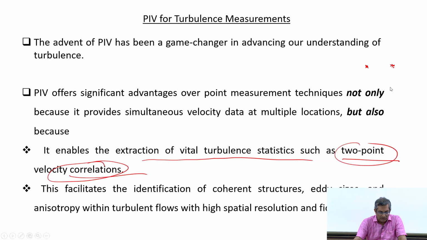So this facilitates identification of coherent structures in turbulence. You can imagine coherent structures as corresponding to the turbulent eddies. And also we can measure eddy size anisotropy within turbulent flows with high spatial resolution. So this is the main advantage.